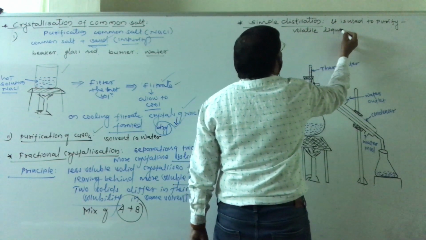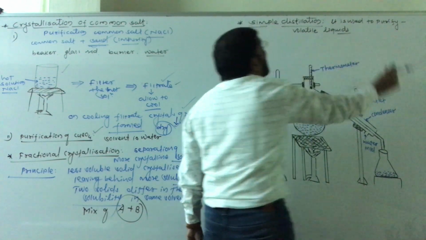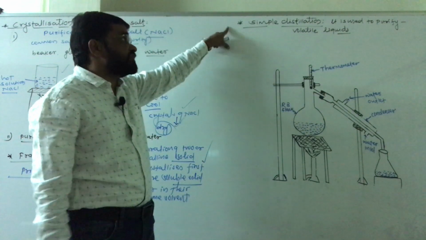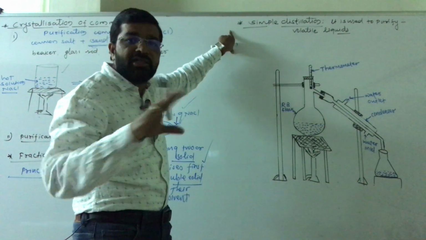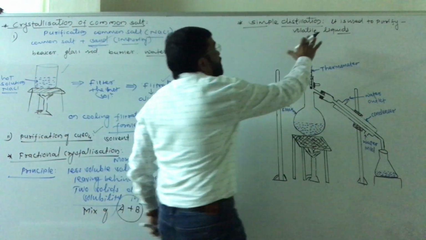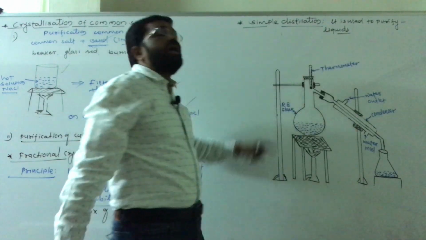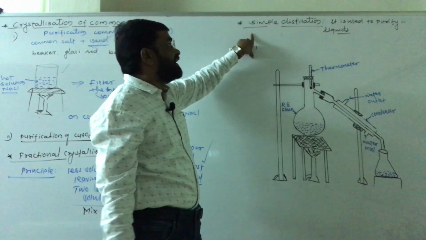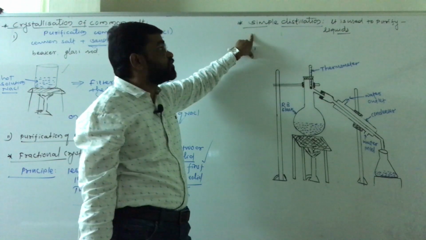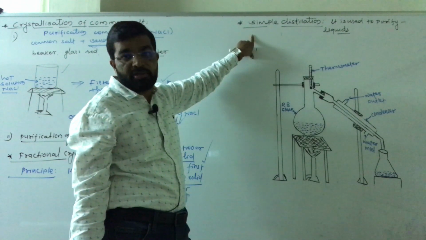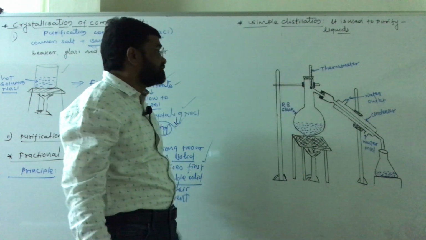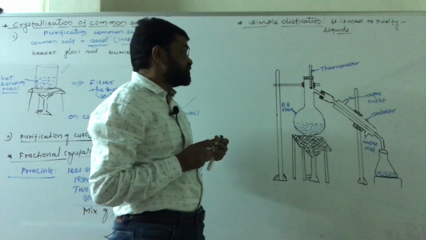Volatile liquids are purified by using this process. Volatile liquids are generally the liquids, unlike what we will use in fractional distillation, but simple distillation is the process which is used for the purification of liquid.